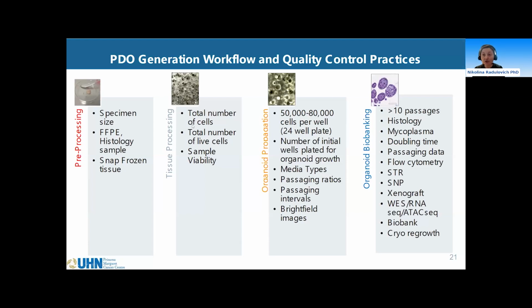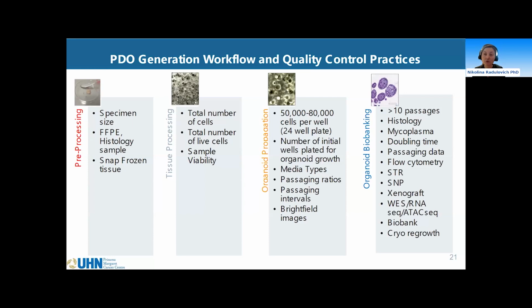Then we process the tissue, we count the number of cells, and we estimate the live number of cells and the sample viability. And then we plate these cells in, usually using a 24 well plate format. So we mix them with Matrigel, we plate them, and then we use different medias. Now the media is different depending on the tissue type.